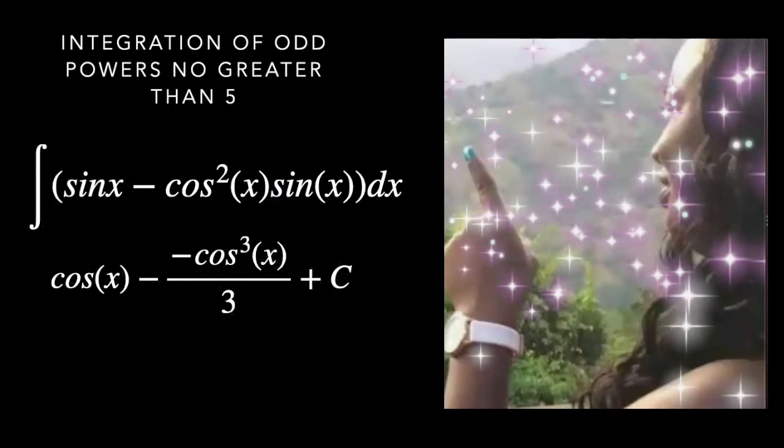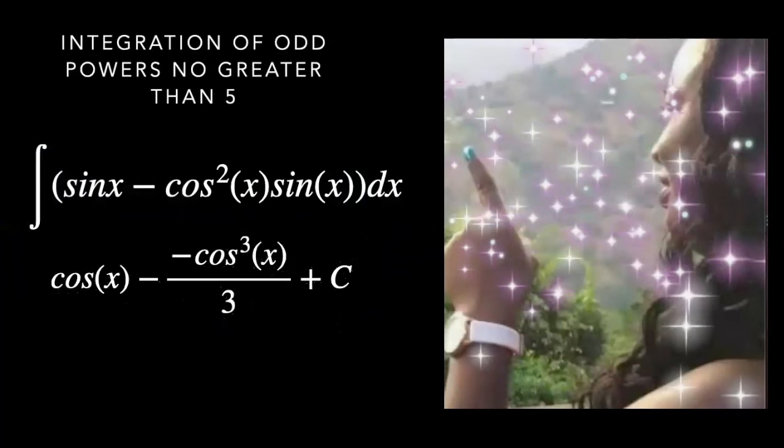Now, the integration, as you can see, we have sine x gives you minus cos x, while the cos square x sine x, using the identity, integral of cos raised to the power n x sine x dx is minus cos to the n plus 1 x over n plus 1 plus c.